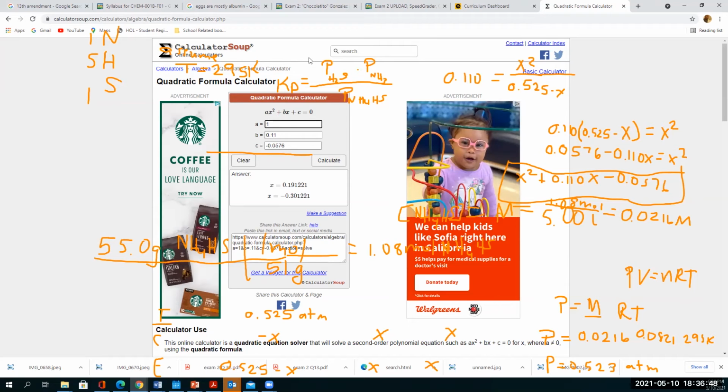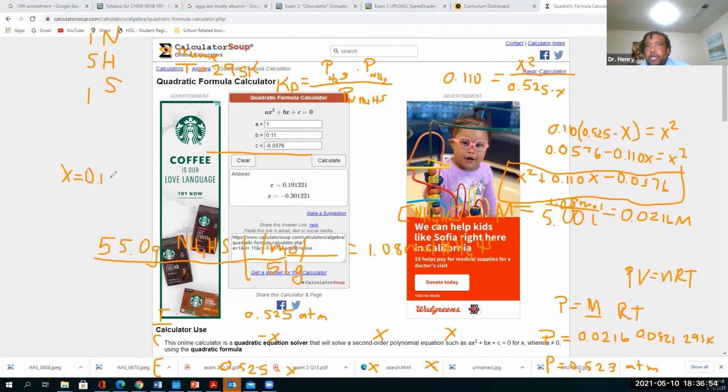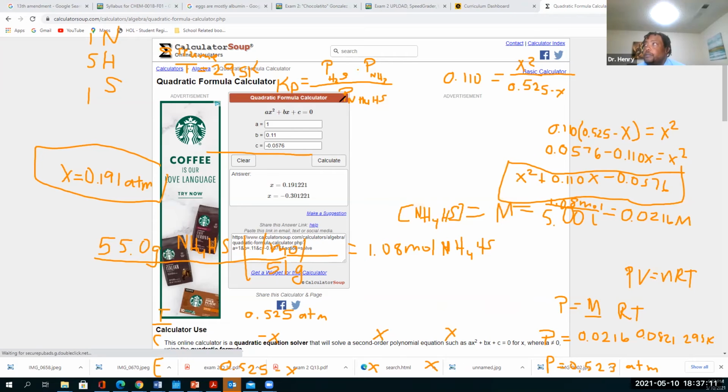Okay. So X is going to equal 0.191 ATM. And so then we just plug that in. We want just the value for ammonia, so we have the pressure of ammonia under those circumstances.